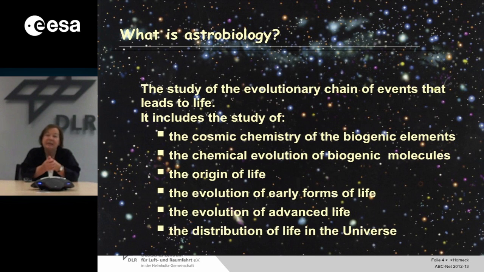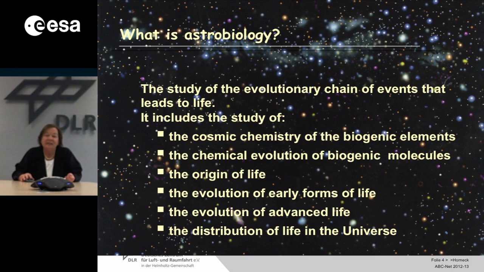That means the cosmic chemistry of the biogenic elements. Then we have to understand how these elements combine to molecules. This is all abiotic, so these processes do not need life processes. And then finally, and that I think is still a black box, how life really originates, the great question.